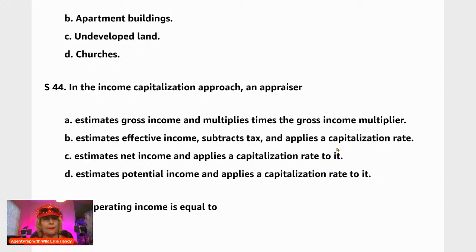The capitalization rate could be 8 or 9 or 10, depending on what is common with the other properties that the appraiser is comparing to. So 44C. So capitalization rate is on net income.